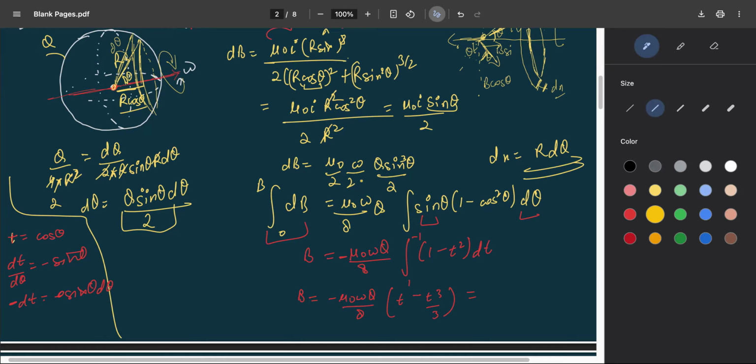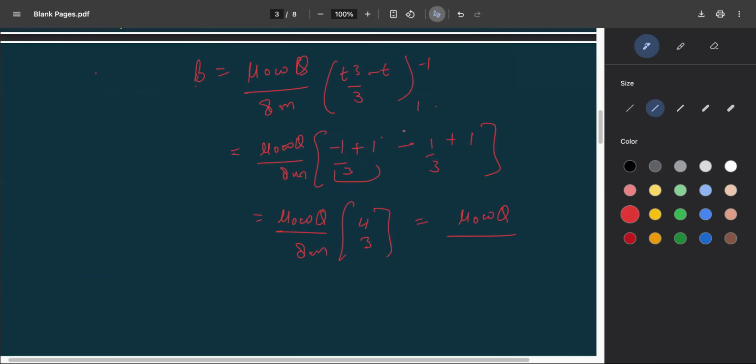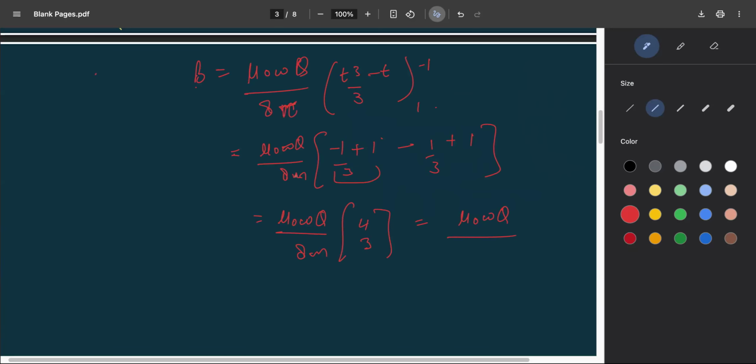So pi, pi, and here it will become pi. At the end, this will be pi, pi. At the last, 8 pi. So 6 times pi. This is the answer we have got here.